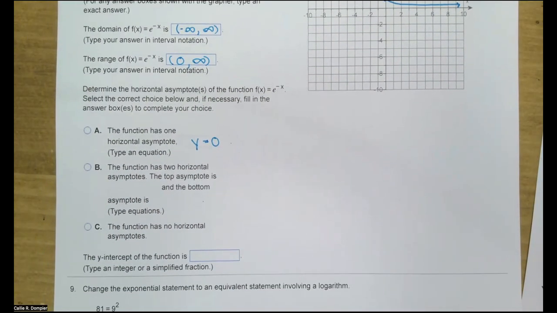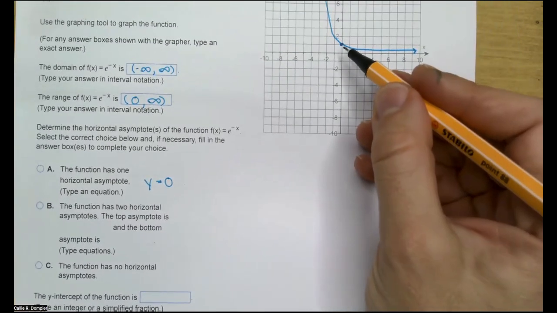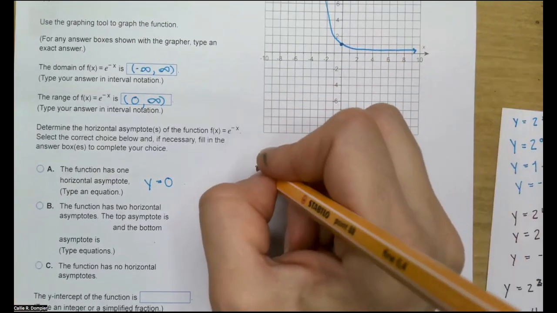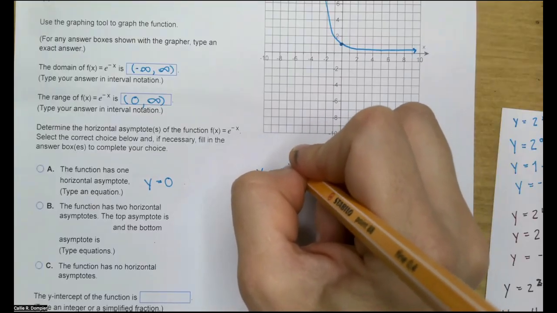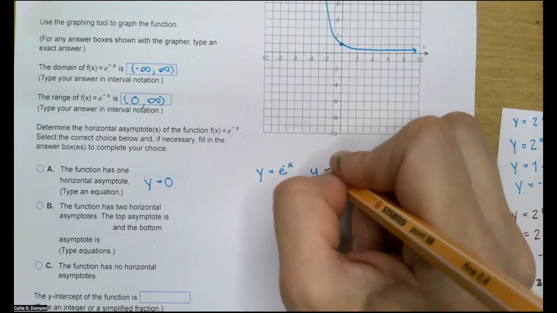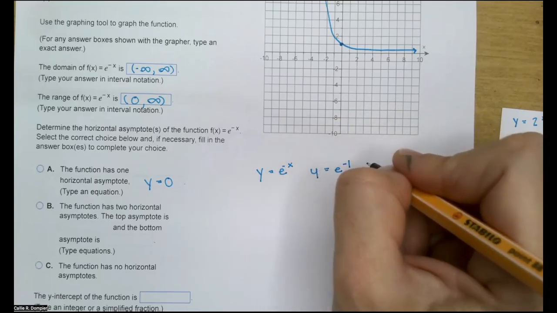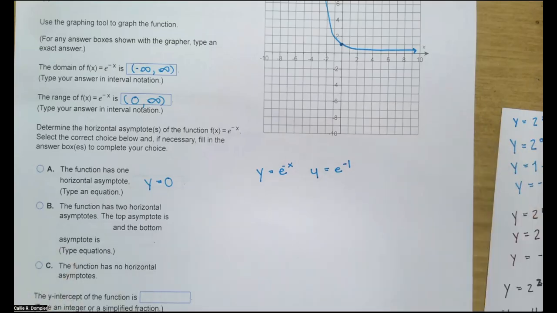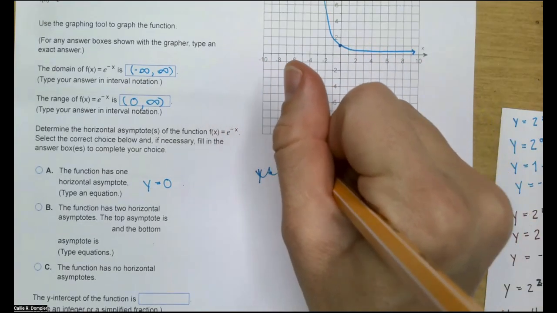And the y-intercept of the function, where it crosses y... Sorry, it's where x is 0.